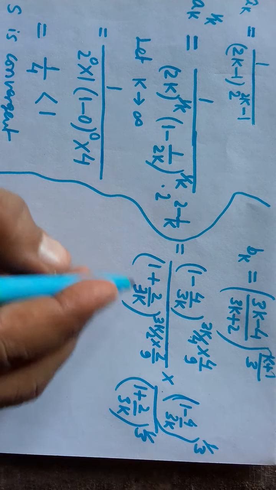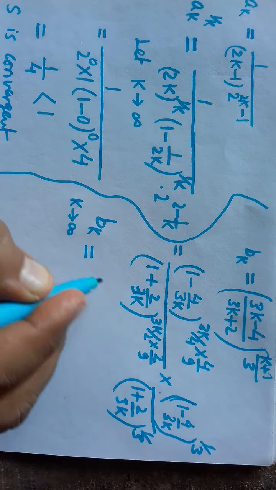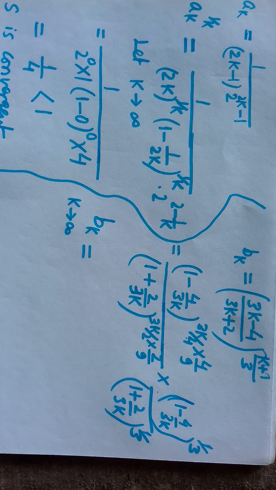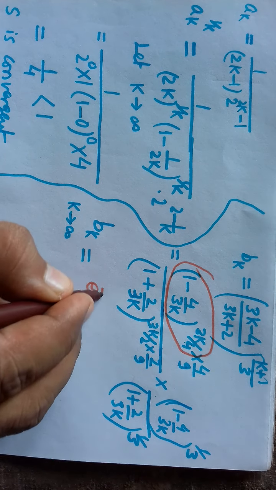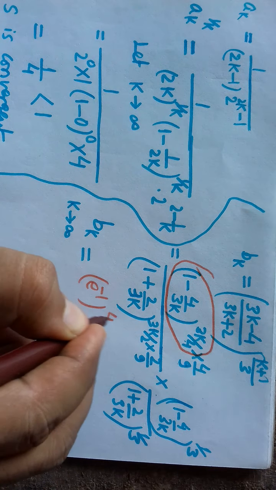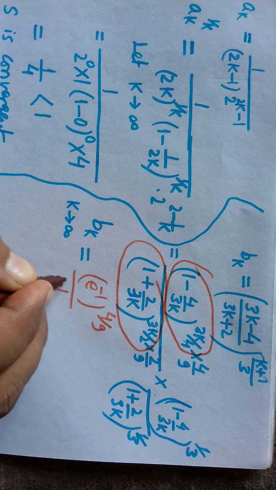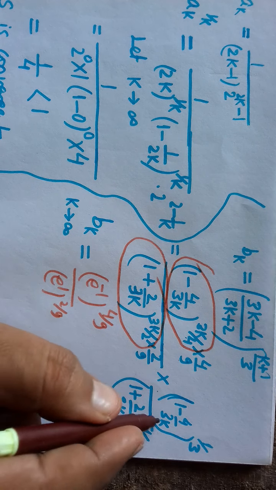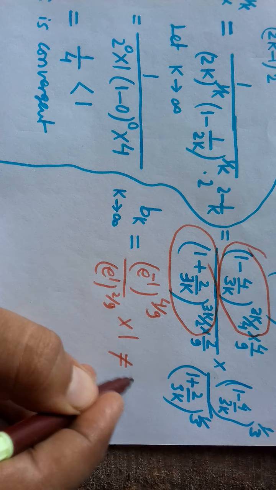Now we let k tend to infinity. bk, as k tends to infinity, gives us e to the power minus 1 to the power 4 by 9, and this will be e to the power 1 to the power 2 by 9, and putting k tends to infinity, this gives us 1 by 1, so 1, and you see that this is not equal to 0.